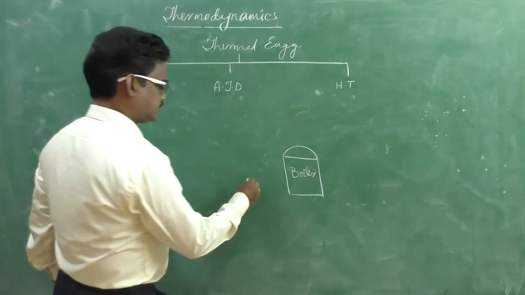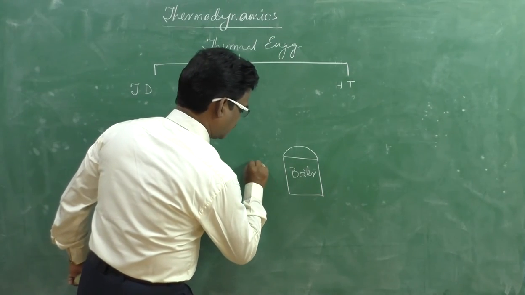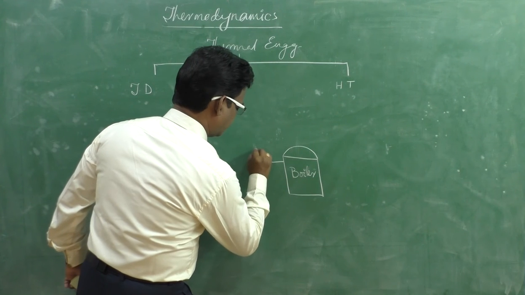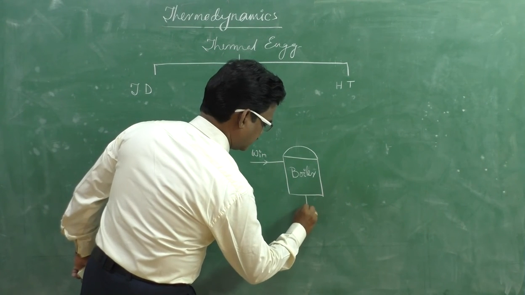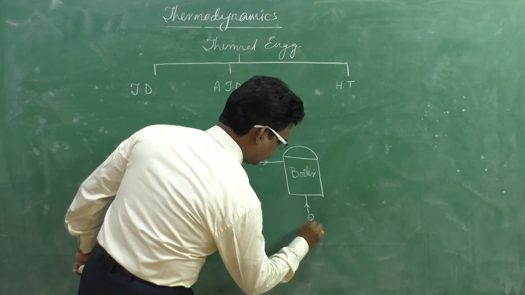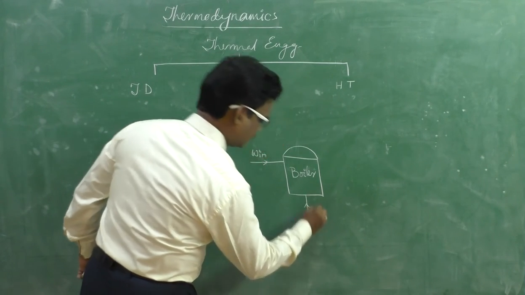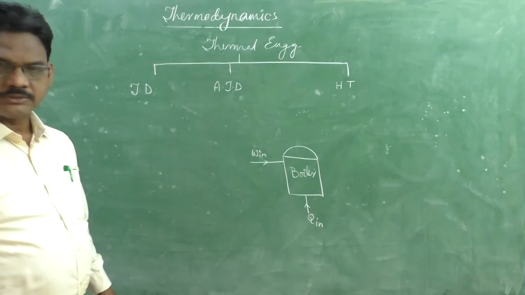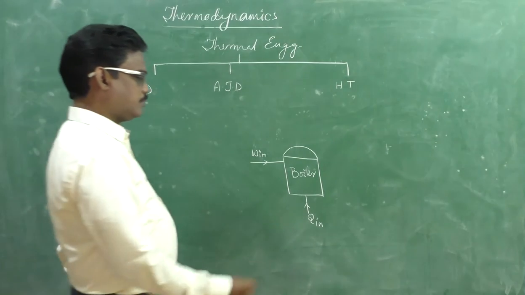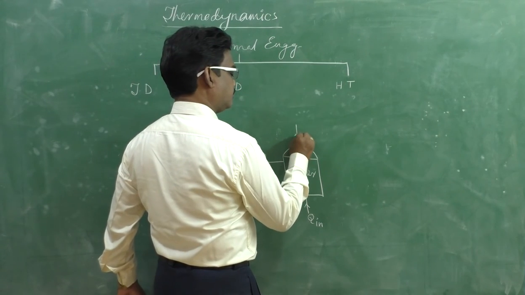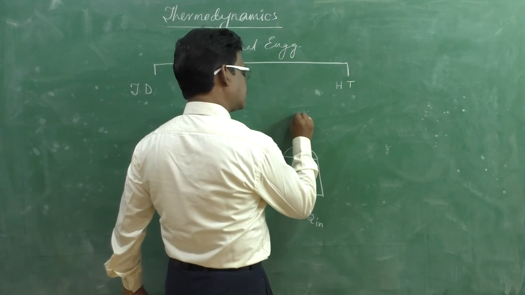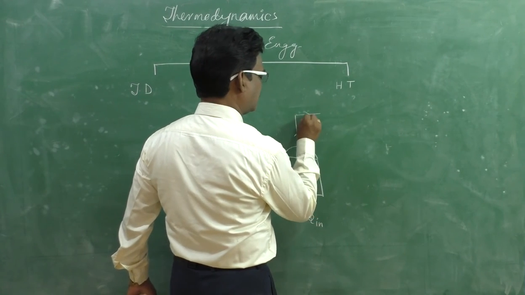That means we send water inside and we supply heat energy Q to the boiler. After that, the boiler generates steam. Here we consider superheated, high quality steam.